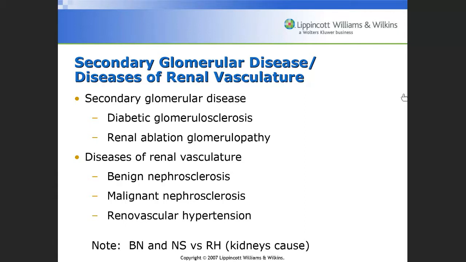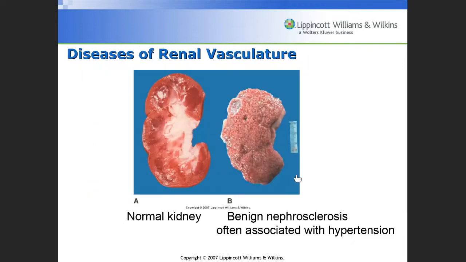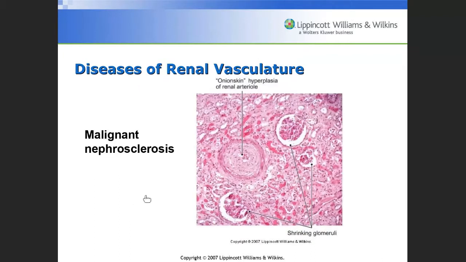All right. So here is the difference between normal kidney and this is benign nephrosclerosis, often associated with hypertension and could lead to malignant. And here is malignant nephrosclerosis that you often see, where you can see a characteristic thickening of the smooth muscle wall.